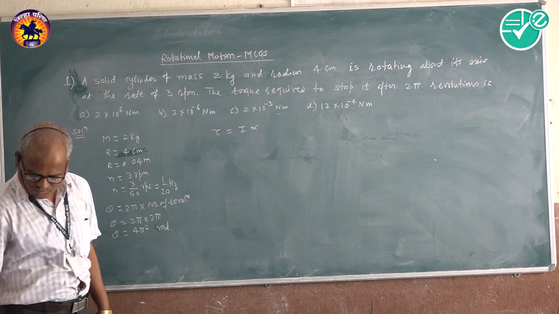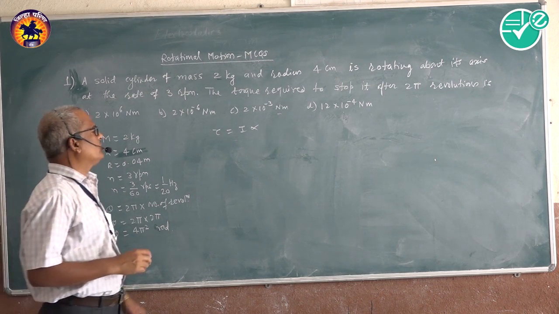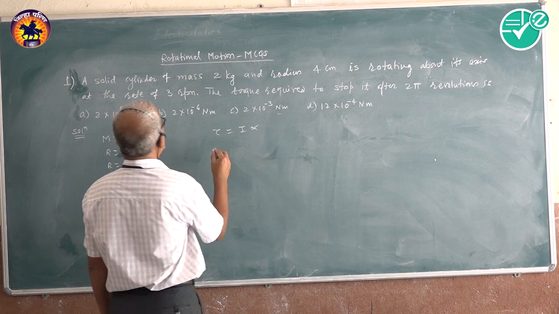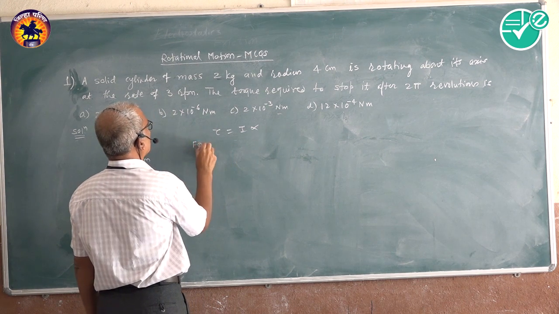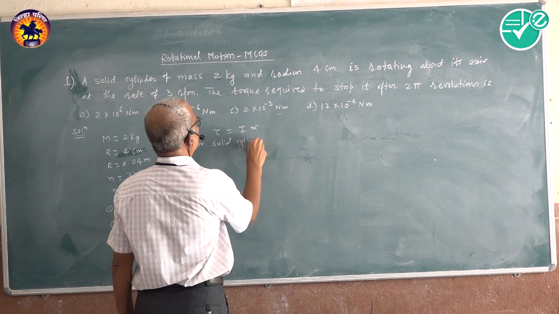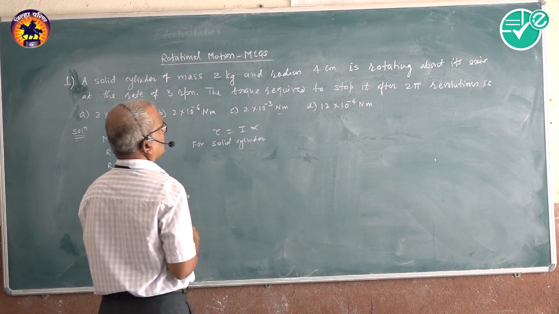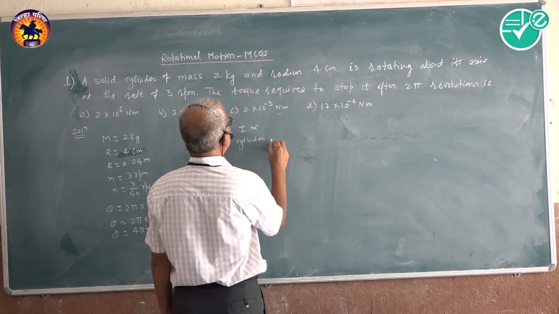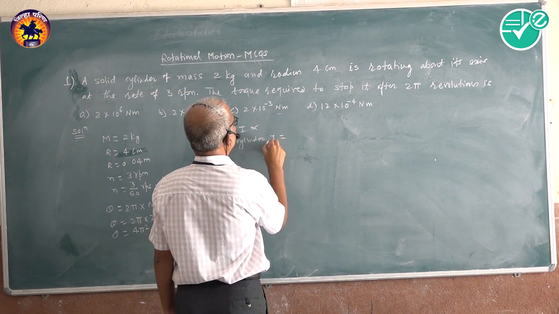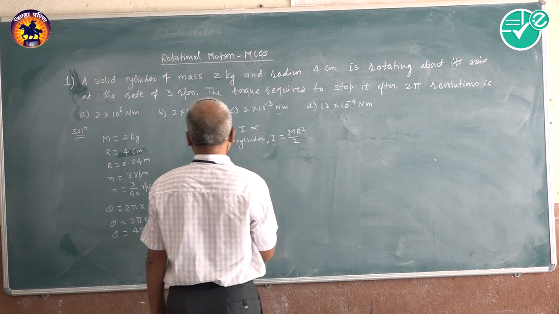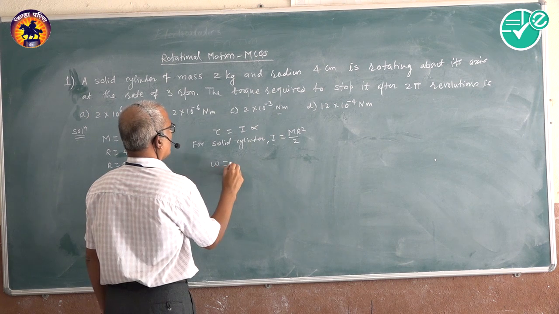So we have to write the formula for moment of inertia. For a solid cylinder, the moment of inertia is I is equal to mr square by 2.